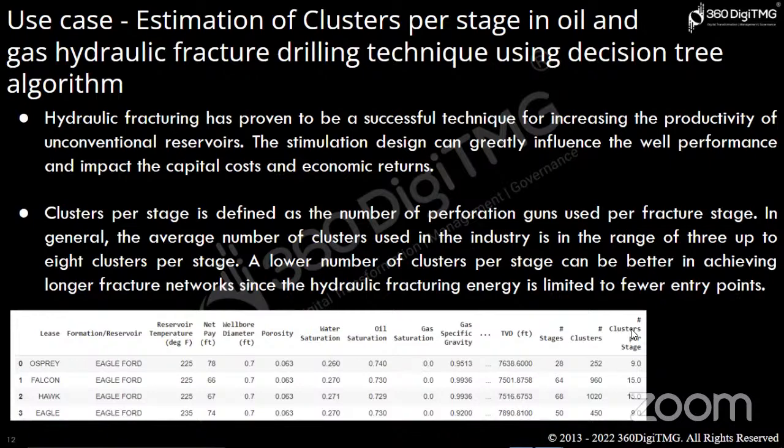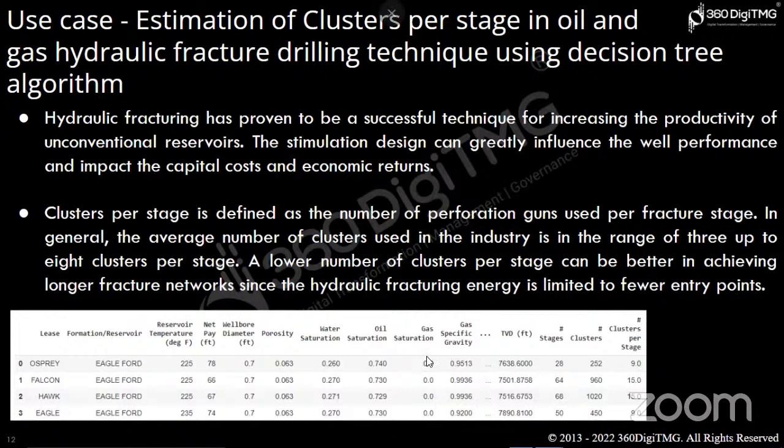In general, the average number of clusters used in the industry is in the range of 3 up to 8 clusters. A lower number of clusters per stage can be better in achieving longer fracture networks, since the hydraulic fracturing energy is limited to fewer entry points.